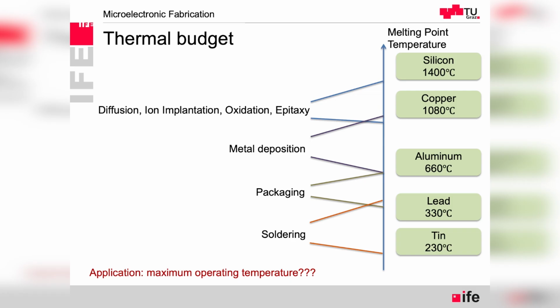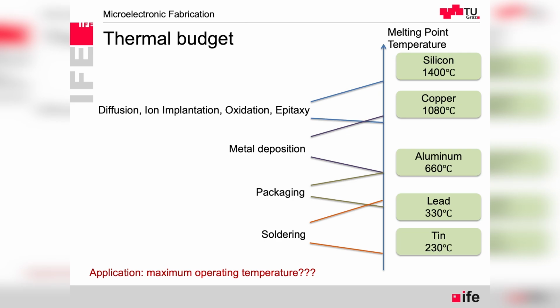So another issue is the thermal budget. I have mentioned it briefly by talking about the 3D monolithic CMOS structure, where we have PMOS and NMOS at different levels. But generally, that's something that we were hearing throughout the last several units about the processing, and some process steps like diffusion, ion implantation, oxidation, or epitaxy, they are at very high temperature, sometimes close to the silicon melting temperature.